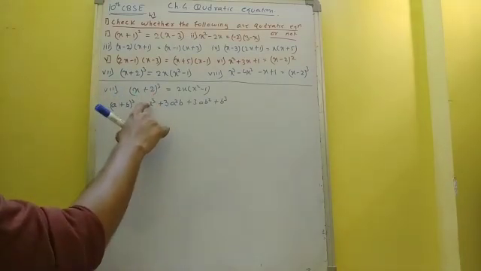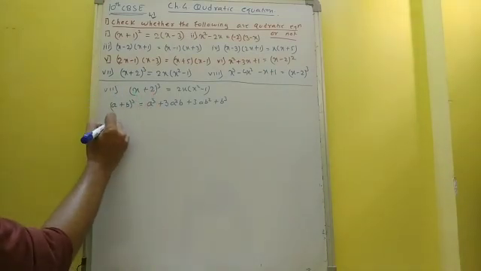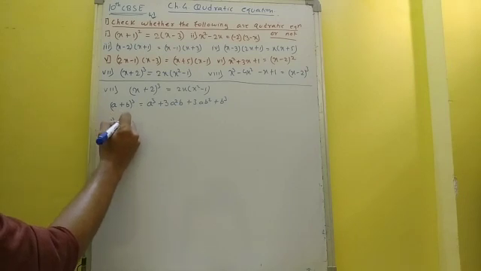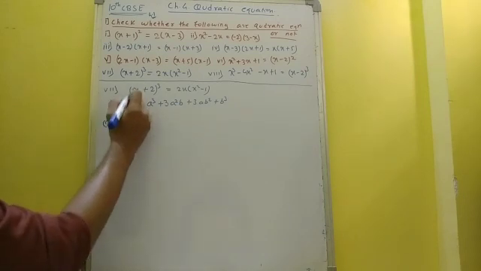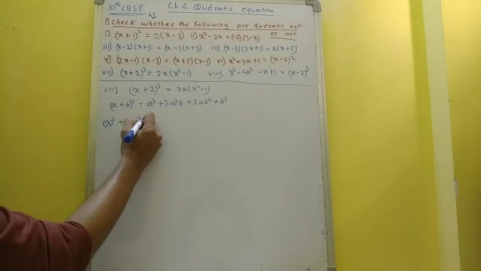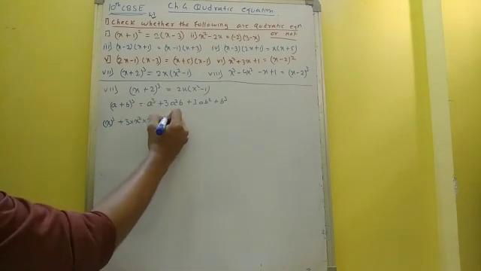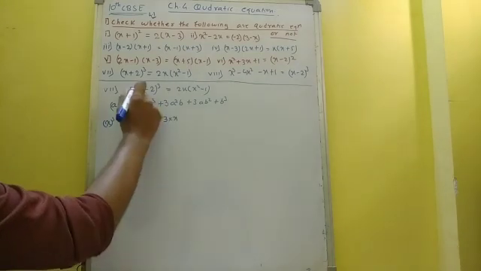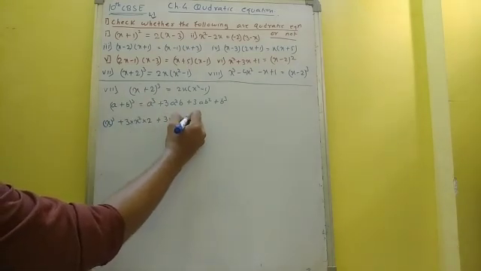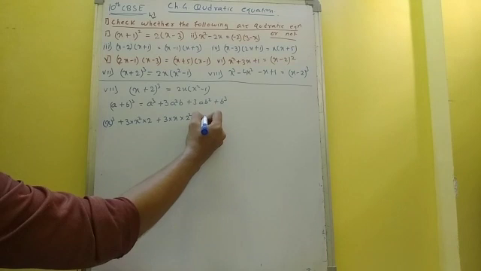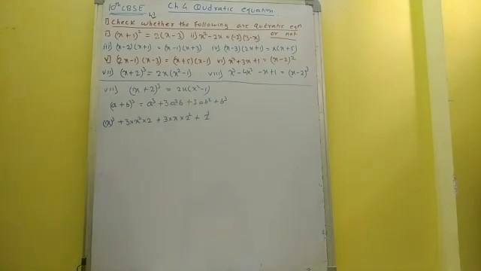So a plus b the whole cube. So a cube, that is x cube, plus 3 a square, that is x square, into b plus 3 a, that is x, b square, that is 2 square, plus b cube, 2 cube is 8.